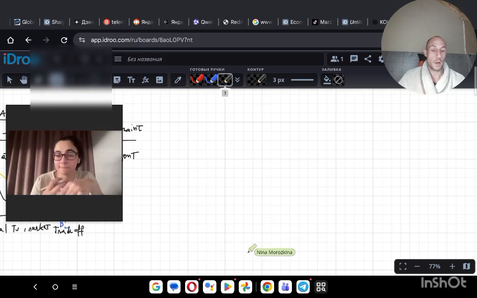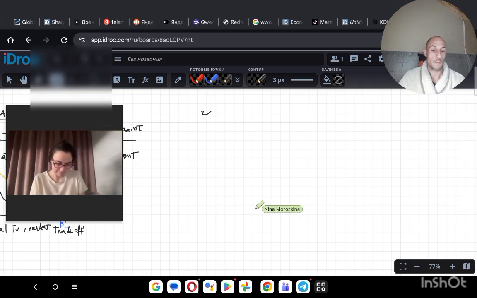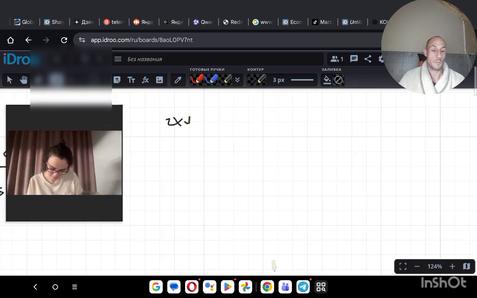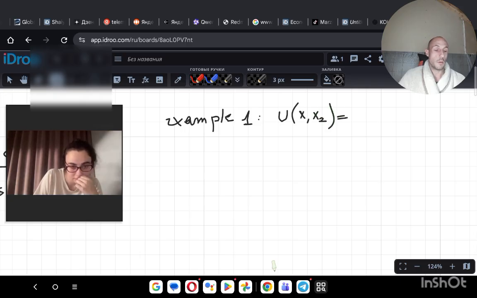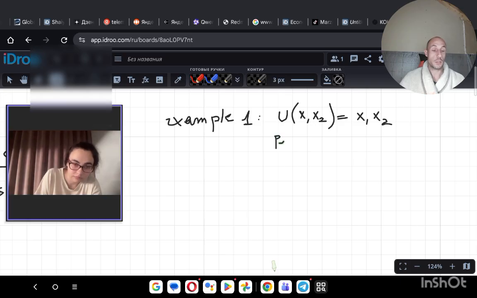Example 1. You are given a utility of the Cobb-Douglas type, x1 times x2, so A equals B equals 1, and the following prices. The price of the first good is $2. The price of the second good is $4.